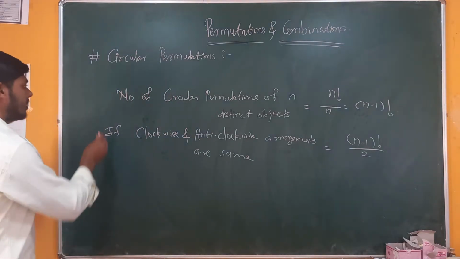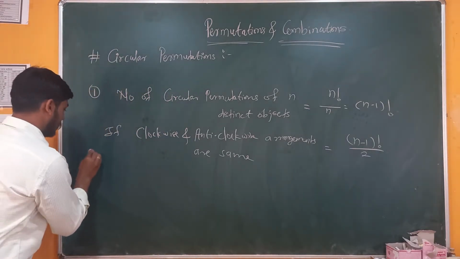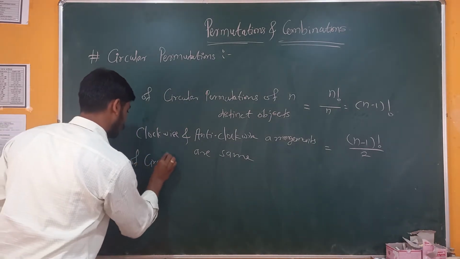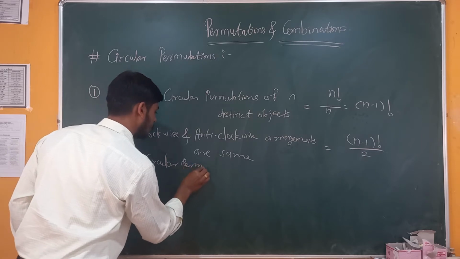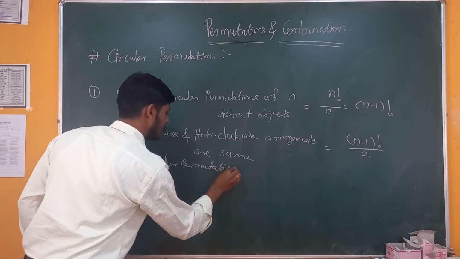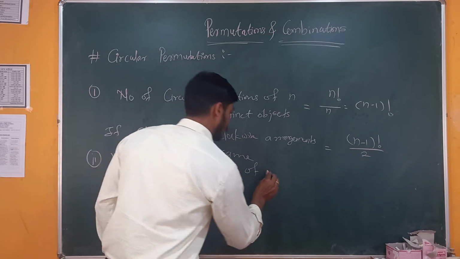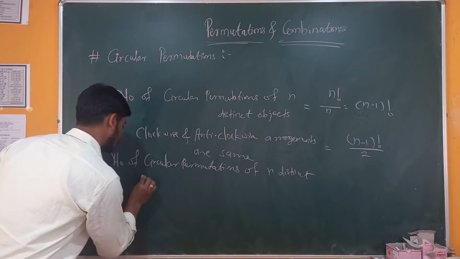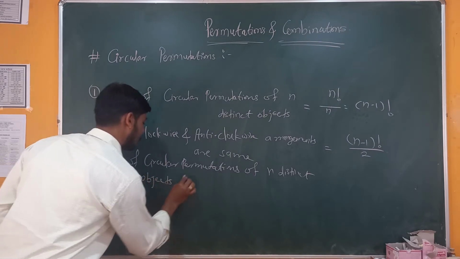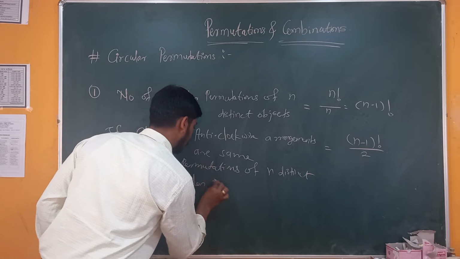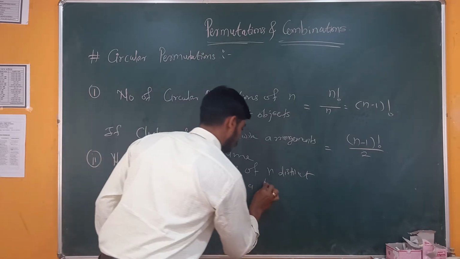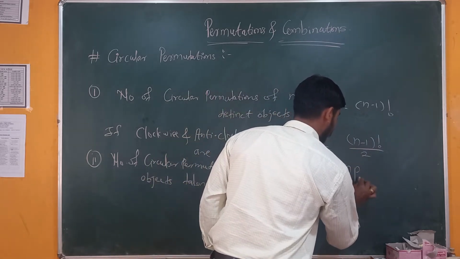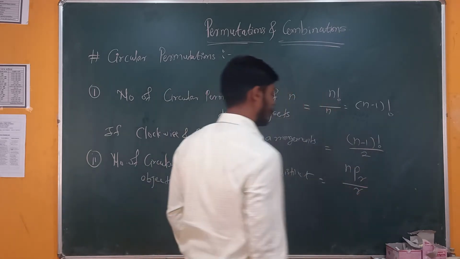The number of circular permutations of n distinct objects taken r at a time is equal to nPr divided by r.